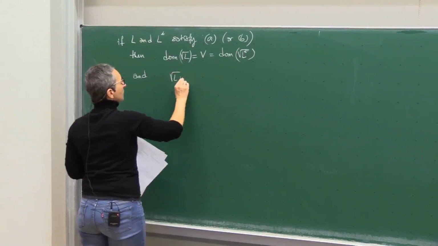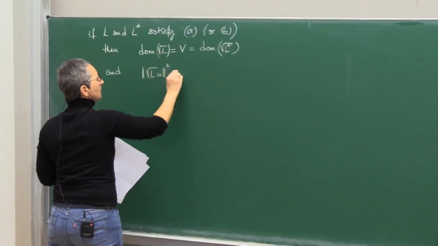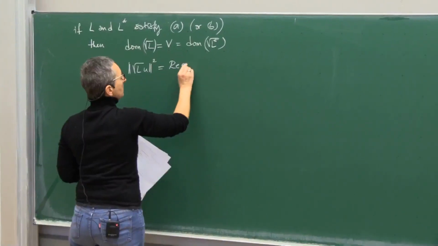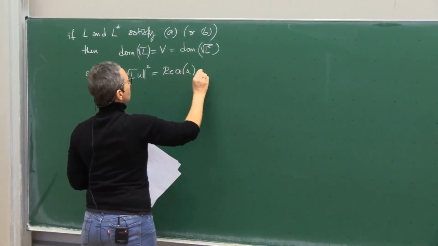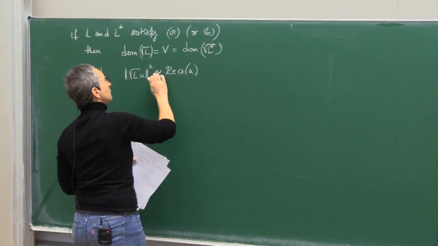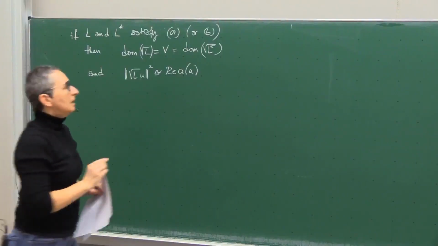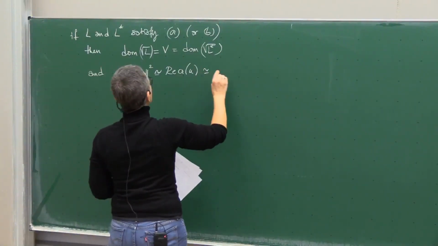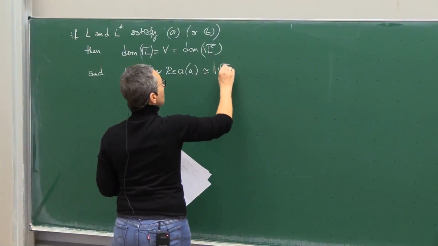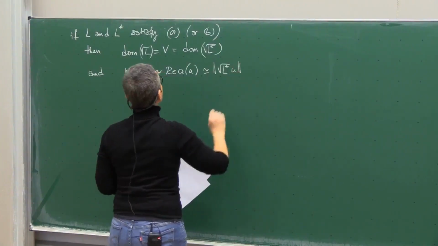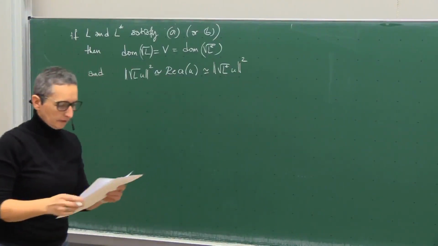The square root of L u squared is the same as the real part of A of u, well, more or less, up to constants, right? And this is also equivalent to the square root of L star u squared. Okay?